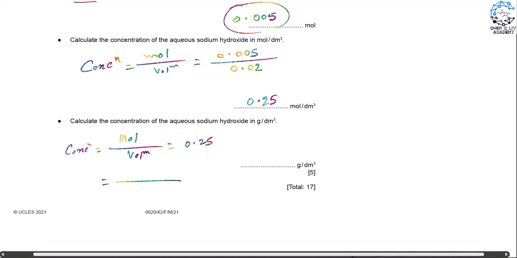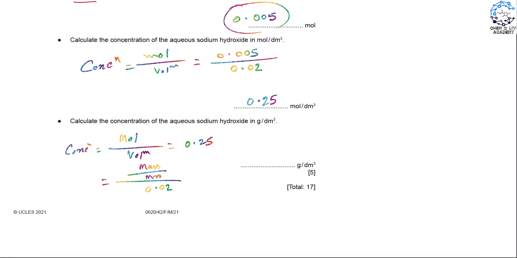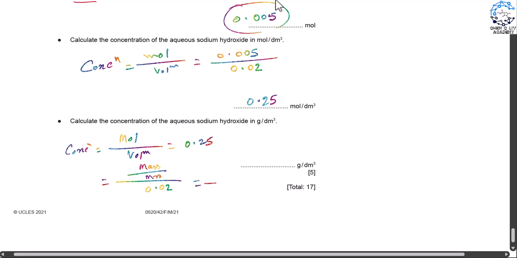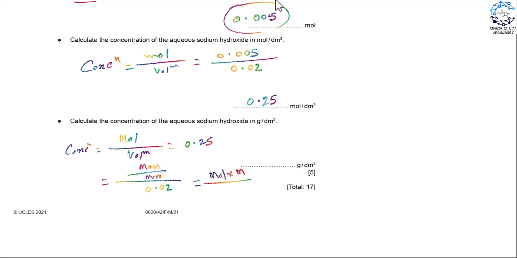So mole, we got 0.005. Mole means mass divided by molar mass, Mr, divided by volume, 0.02.